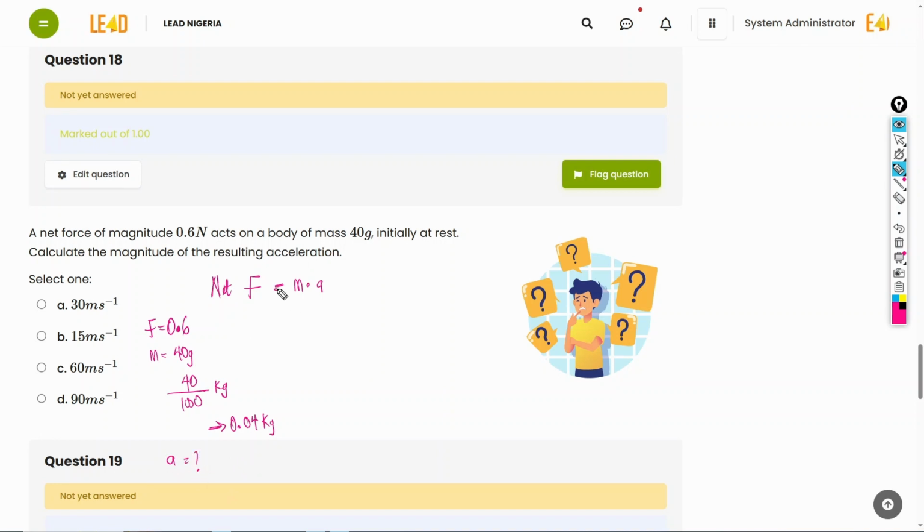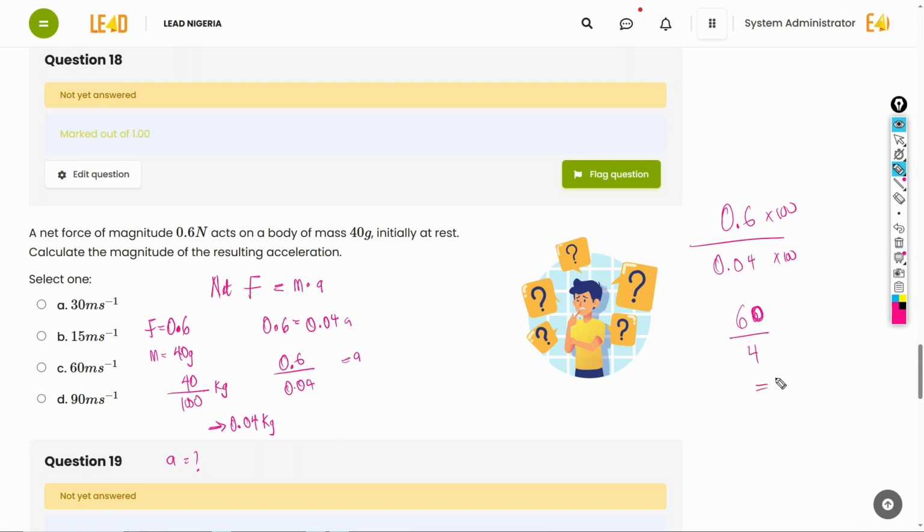So we just substitute. We have 0.6 is equal to the mass, 0.04, times a. So a would be 0.6 divided by 0.04. We can multiply top and bottom by 100, which gives 60 over 4.